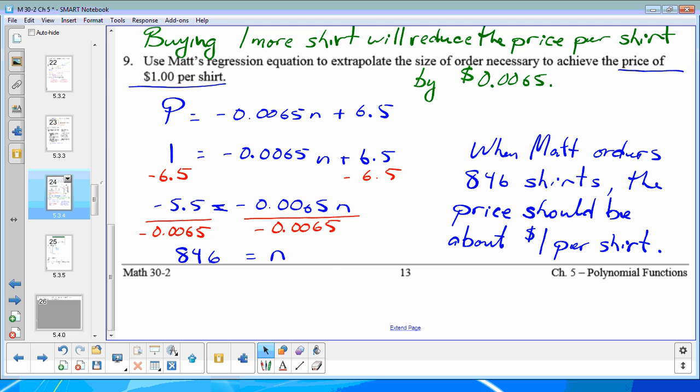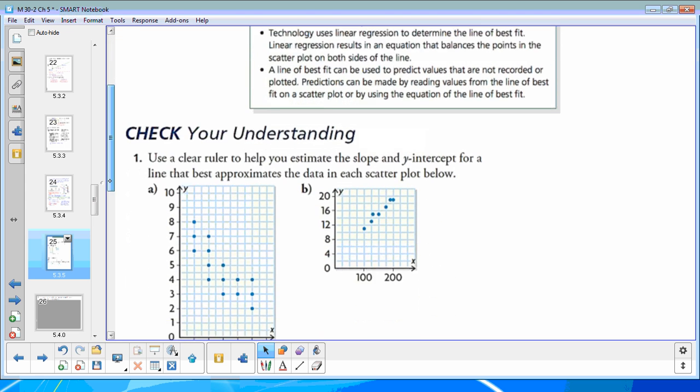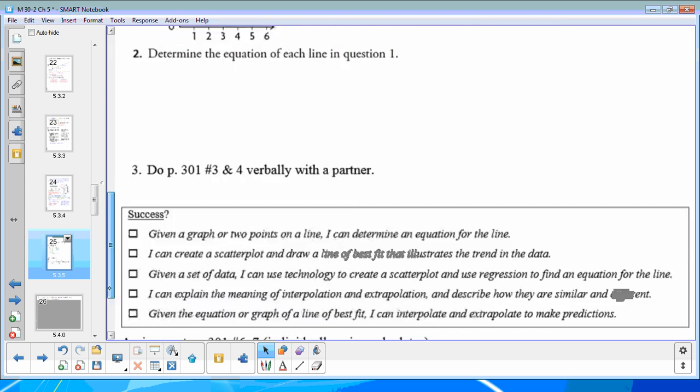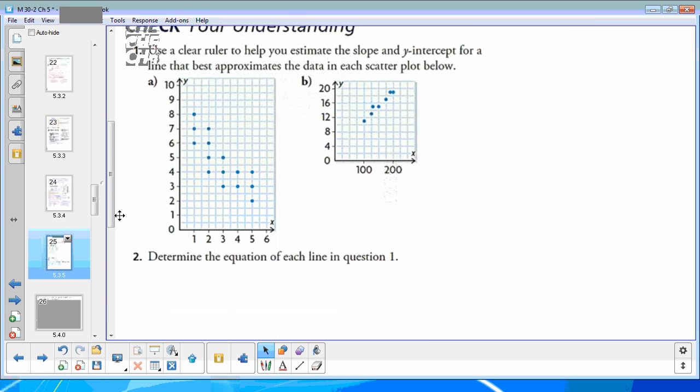Okay. Last page is a summary. So this is just copied straight from the textbook. You can take a minute to read through that, and then check your understanding. A couple questions for you to try. Just do your best to draw a line of best fit. Number 2, figure out the equation for each line.